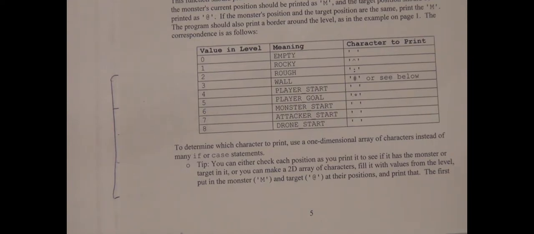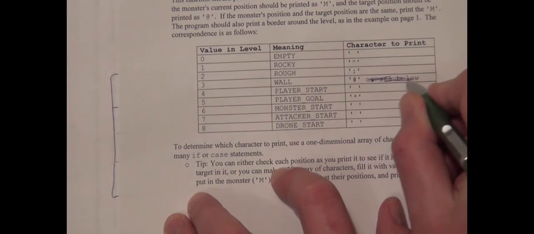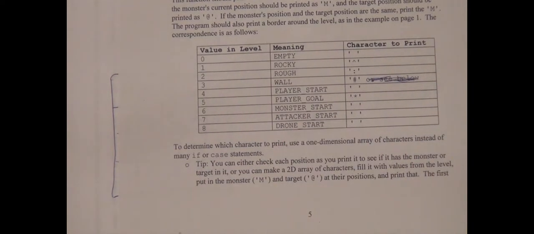Where we have a 1, we should put a hat. Where we have a 2, we should put a colon. Where we have a 3, we should put a number sign. Where we have a 4, we'll put a space. Where we have a 5, we'll put a star. 6, 7, 8, we'll just put spaces. So that's how we'll be doing our output.